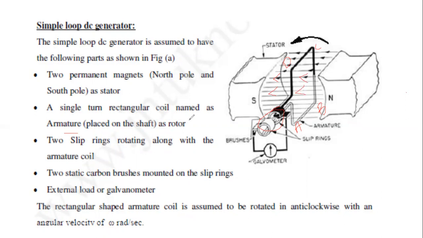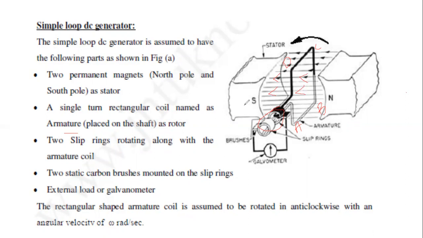The construction of this diagram is that we take one rectangular conductor A, B, C, D, which will be placed in between these two poles, the north pole and the south pole. Already we are developing some flux lines in between the north and south poles.